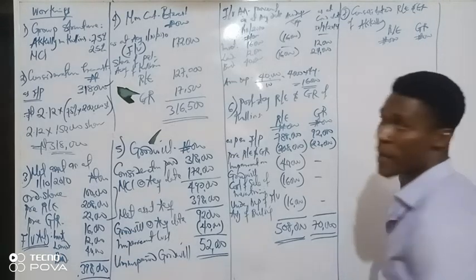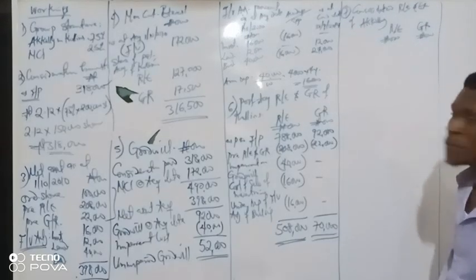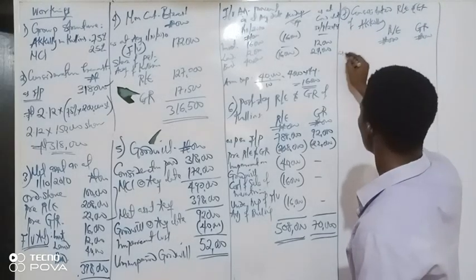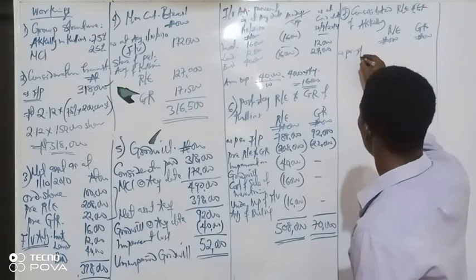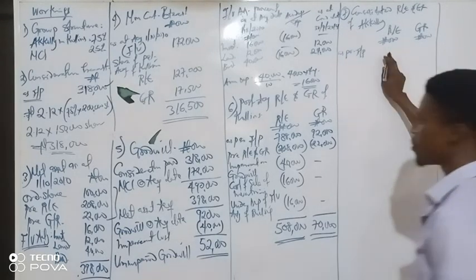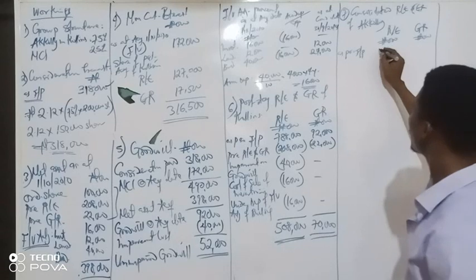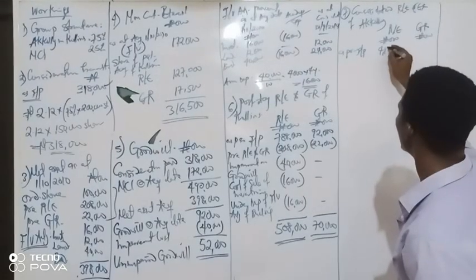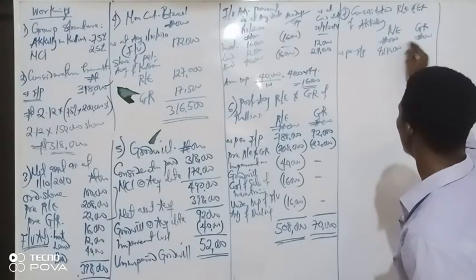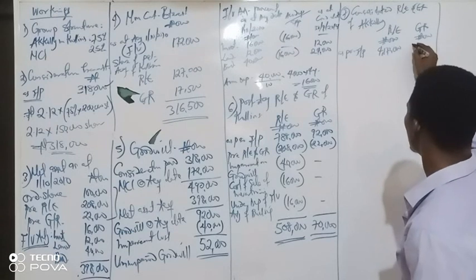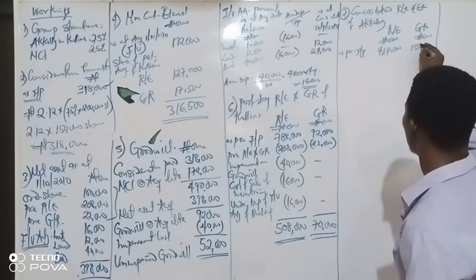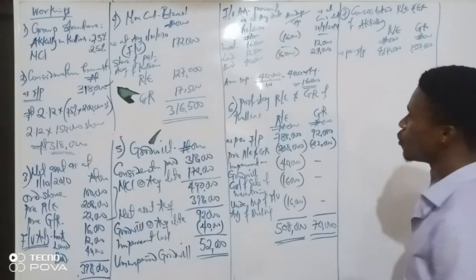As per the statement of financial position, retained earnings for the parent is 4,172,000. The general reserve is 550,000. So what do we do first?